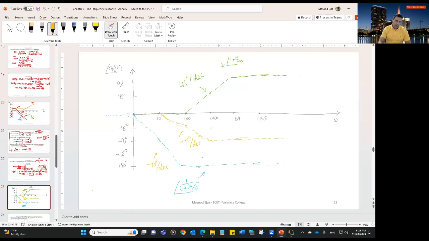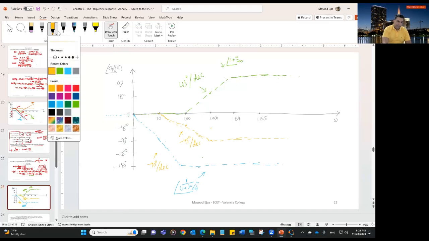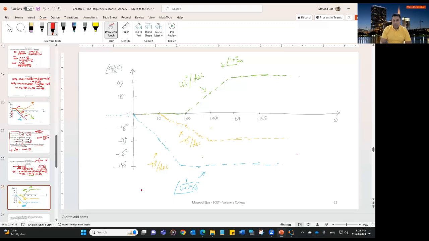And of course, your cumulative result is going to be the sum of all these angles. So you start at 1, you have this line going down. So your line is going to go down up to 10, this point, with a slope of negative 90 degrees per decade.